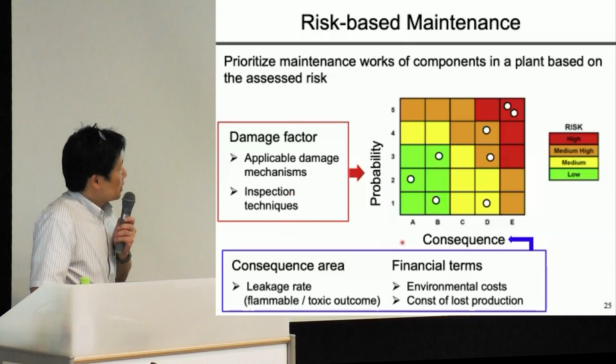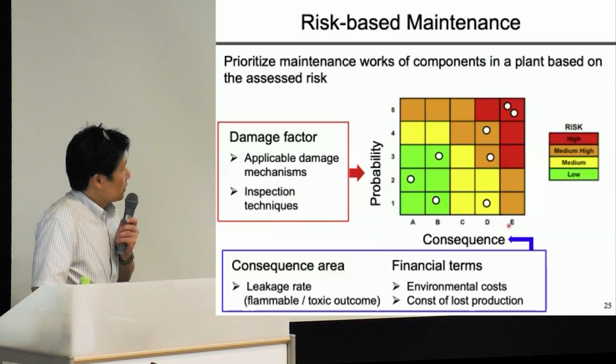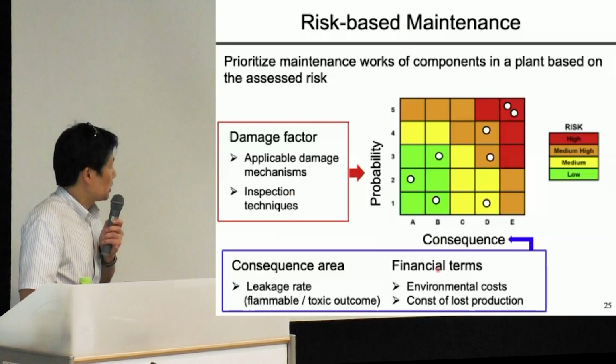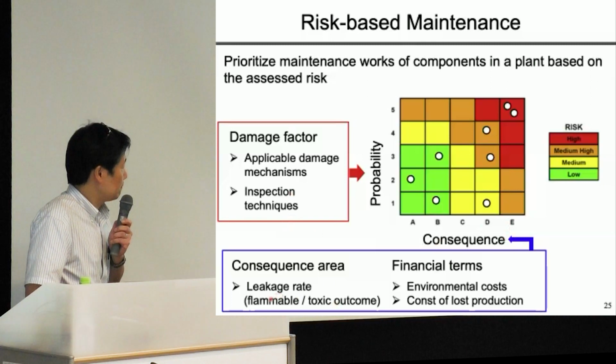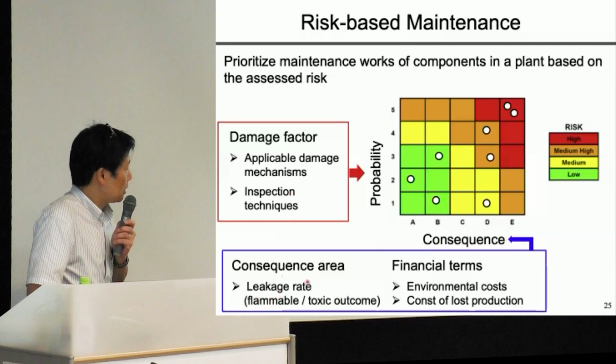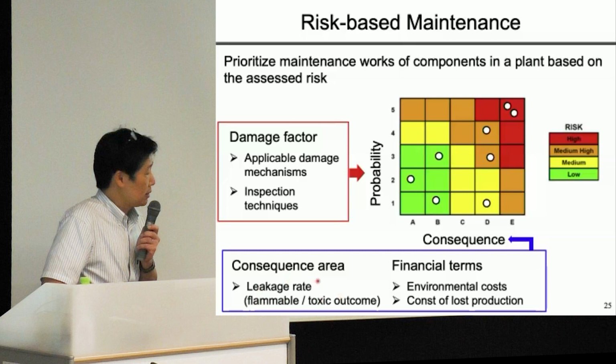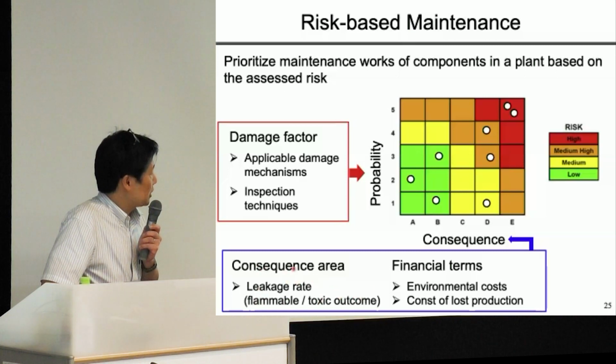And on the other hand, consequence. So if we look at a chemical plant, the concern is leakage of flammable outcome or toxic outcome. So we should evaluate the leakage rate of this material to evaluate the consequence area.